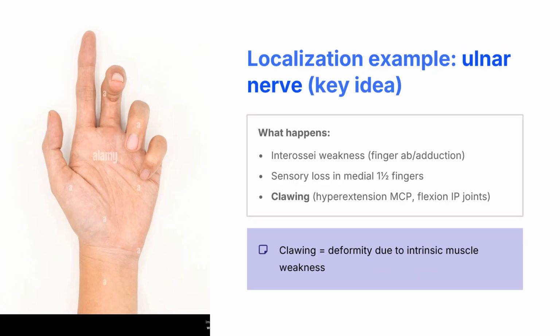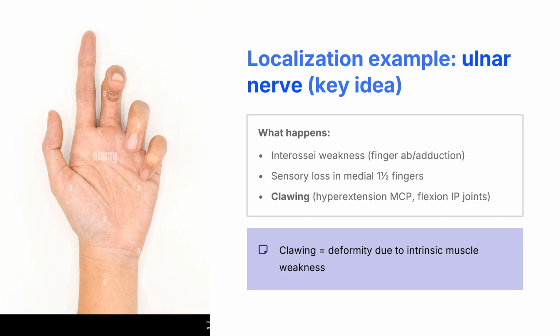when the ulnar nerve is injured, it causes hypothenar weakness. That means sensory loss at the medial one and a half fingers. Clawing of the hand happens. As you can see in the image, the last two fingers here are flexed. Okay, the middle finger is half flexed. This is what is called a claw hand.